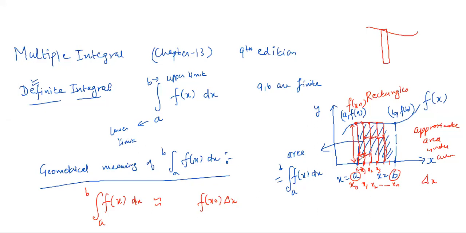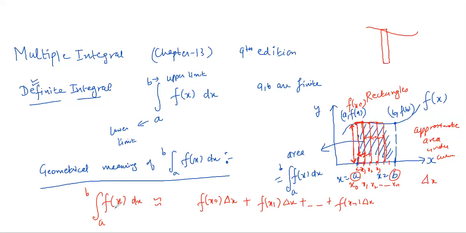I hope this is clear because this is a rectangle. I can see this is the breadth, delta x, and this is the height. Plus, similarly, the next rectangle area will be f(x1), because in that case we are measuring the height by taking the image of x1, and so on. You keep on doing this, f(x) and delta x. So this is the sum of the areas of all the rectangles.